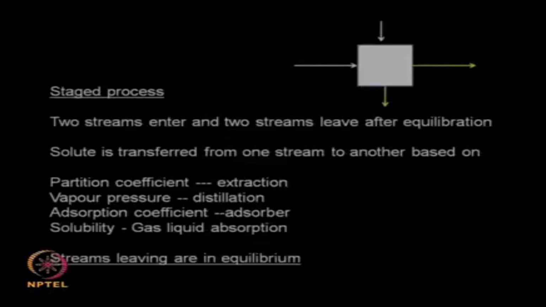Another advantage of stage process: suppose I have a tubular reactor or a tubular adsorber, we talked about it a few slides back. You need to have a partial differential equation because there is going to be variation in concentration across the length as well as a function of time.